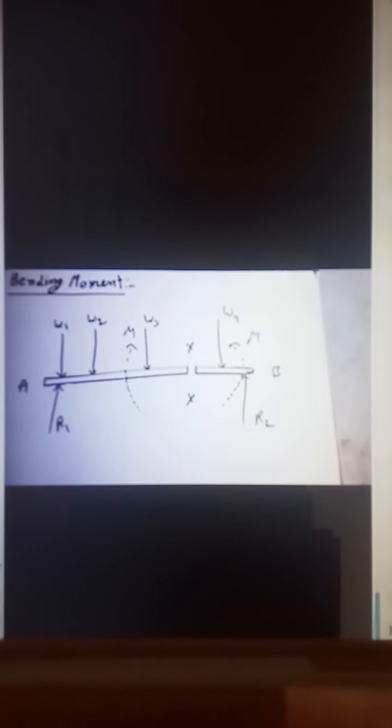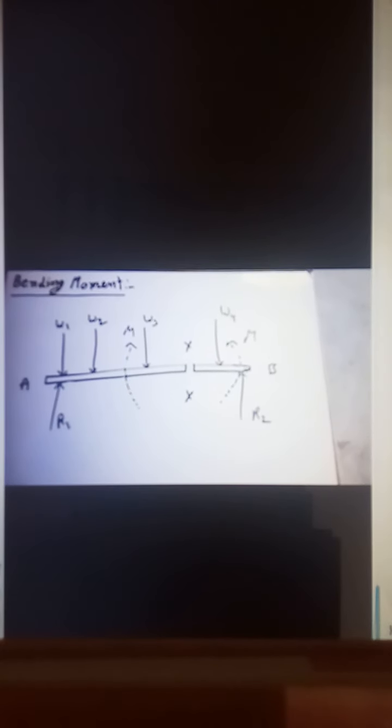If the moment on the left is clockwise, then for the equilibrium the moment on the right section should be counterclockwise. The bending moment is considered positive if the moment on the left portion is clockwise.